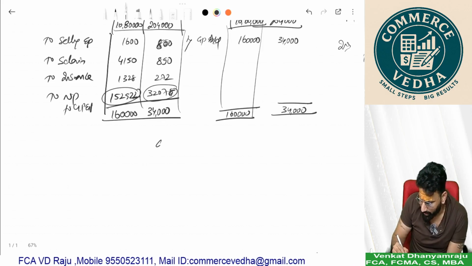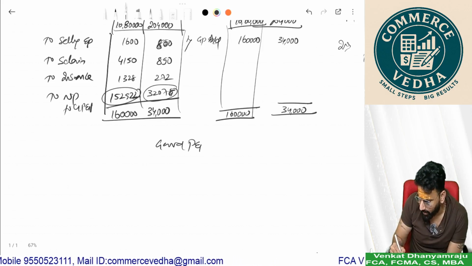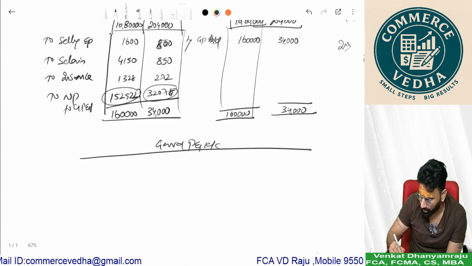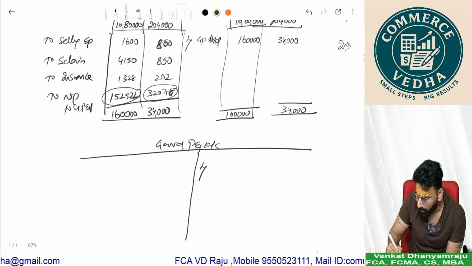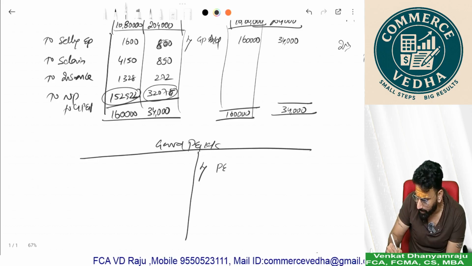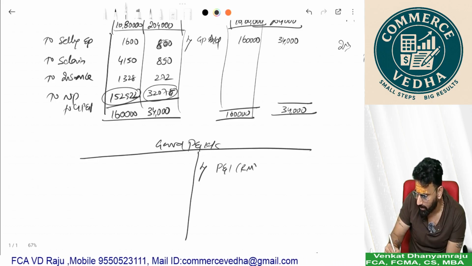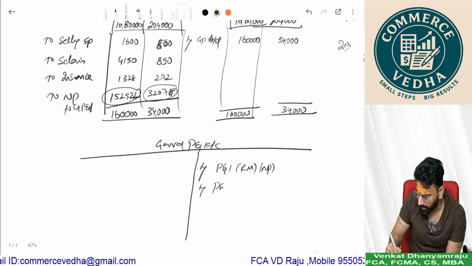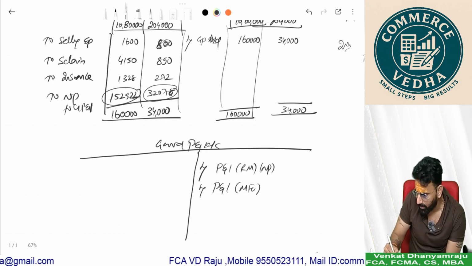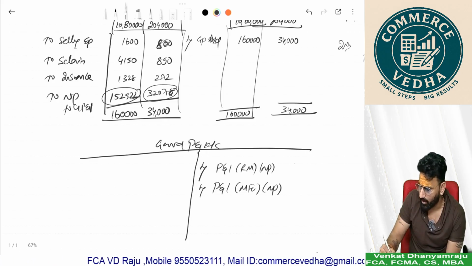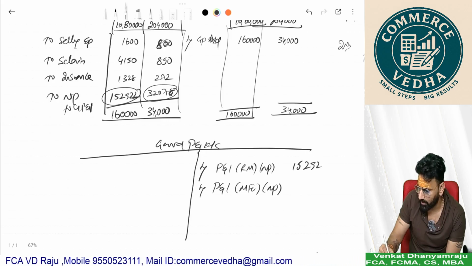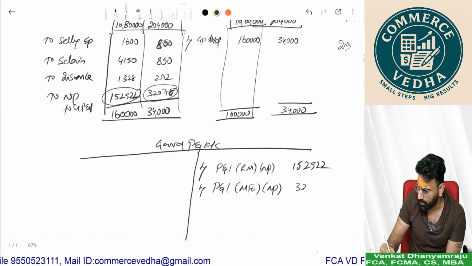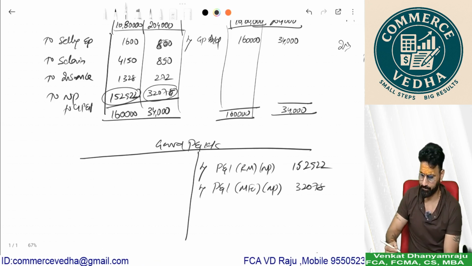For that I should prepare the general P&L account, and what I should do is transfer by P&L of raw material, that is net profit, and by P&L of manufacturing, that is net profit. This is 152922 and 32078.